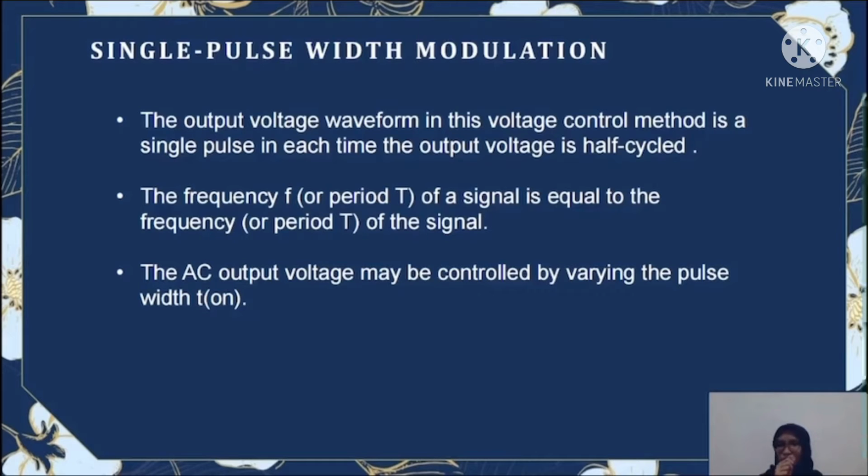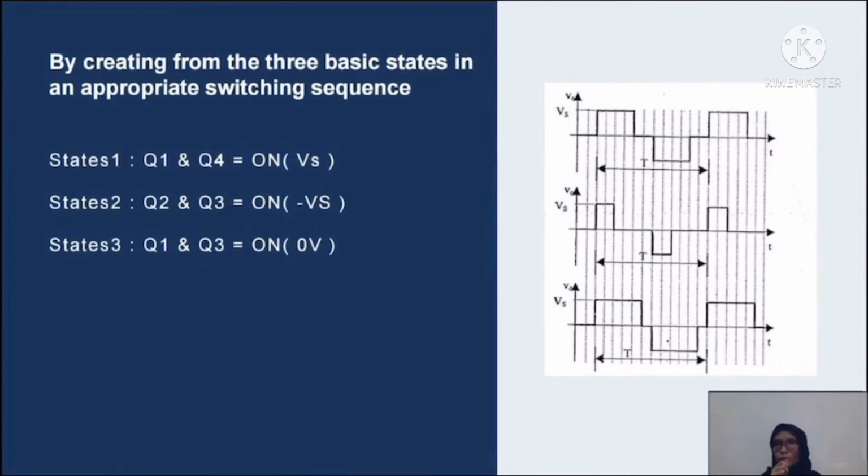The AC output voltage may be controlled by varying the pulse width. This is created from three basic switching states: state 1, Q1 and Q4 equal to on; state 2, Q2 and Q3 equal to on; and state 3, Q1 and Q3 equal to on.